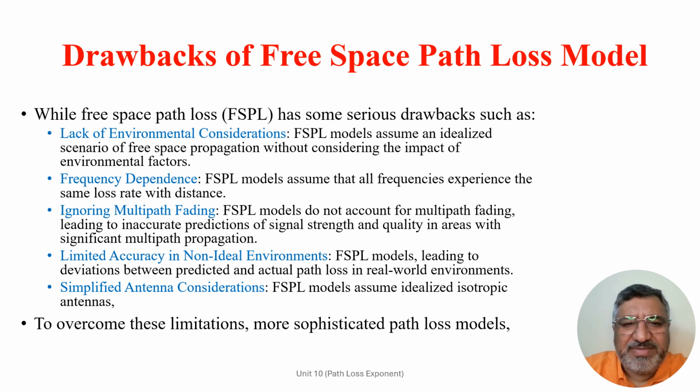This phenomenon is particularly prevalent in urban environments, causing signal fluctuation and attenuation. Free space path loss model does not account for multipath fading, which leads to inaccurate prediction of signal strength and quality in areas where significant multipath propagation exists.